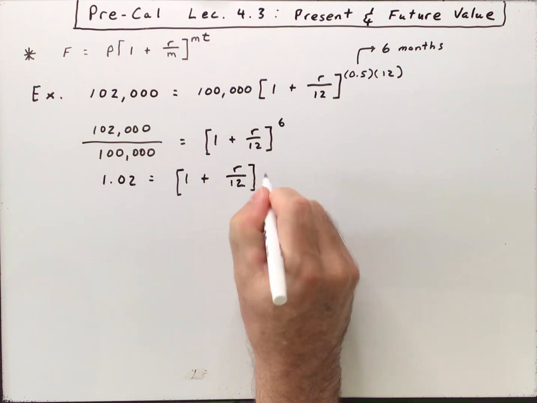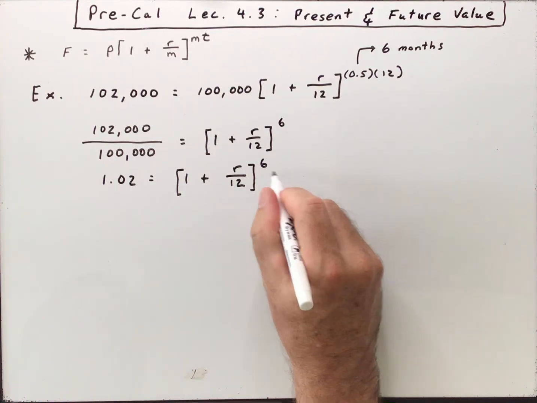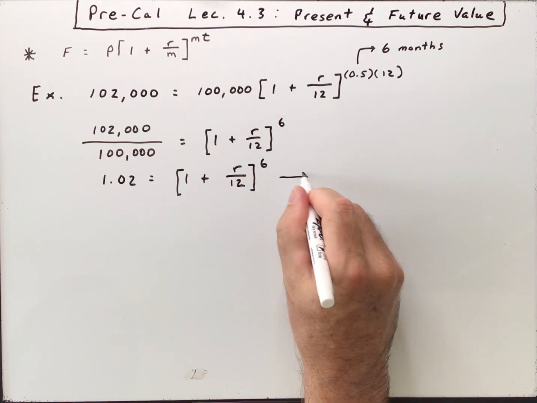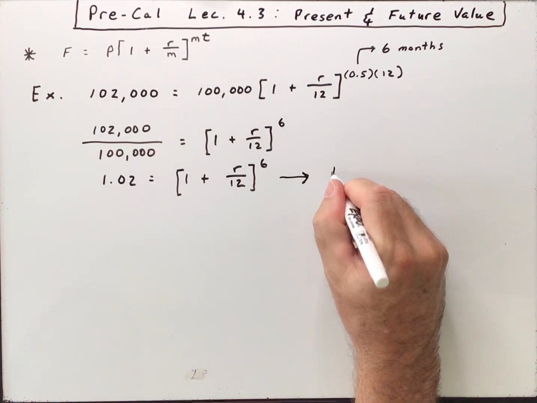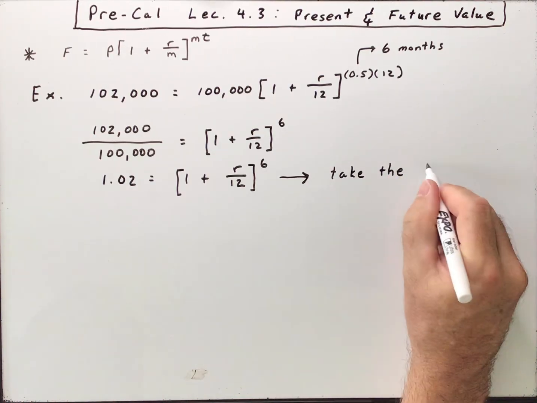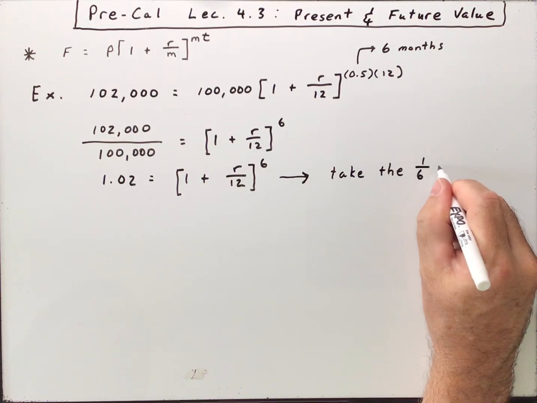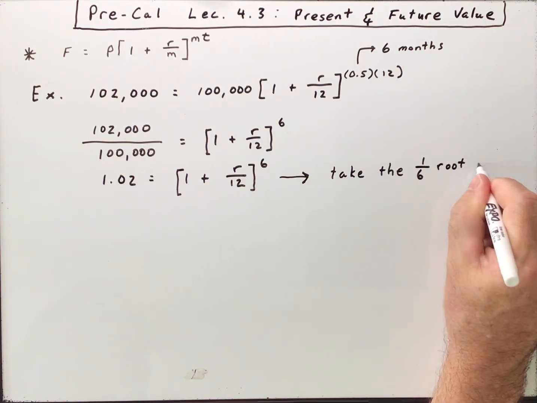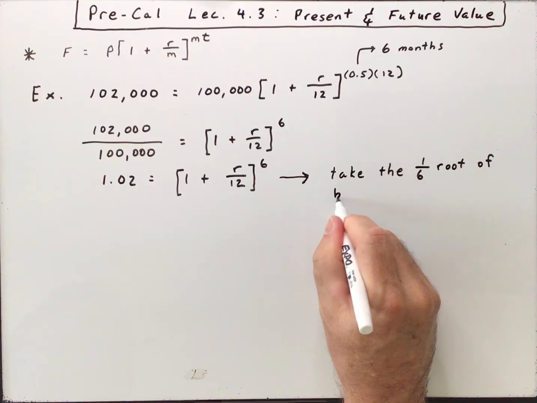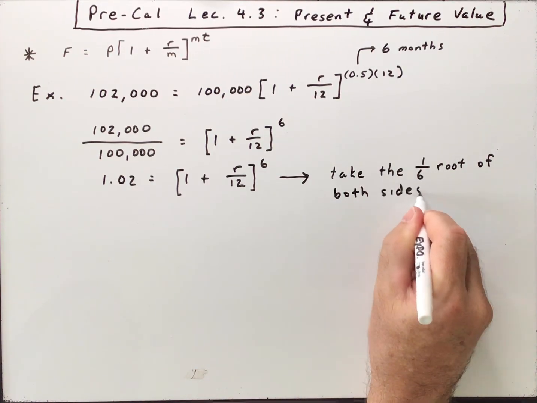to the 6th power. So what could I do to get rid of that 6 there, because that makes it hard to solve. We could take the 1/6 root of both sides, which your calculator handles really well.